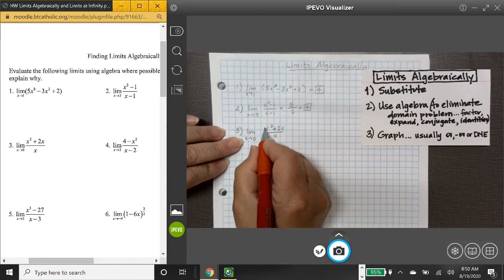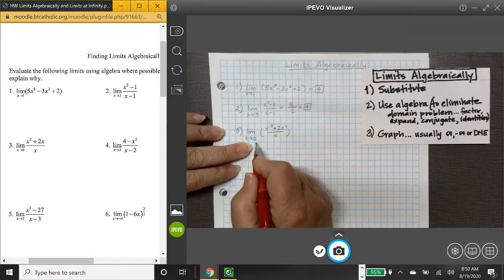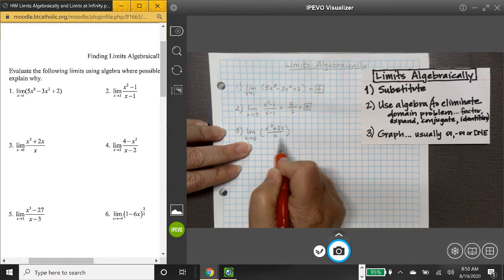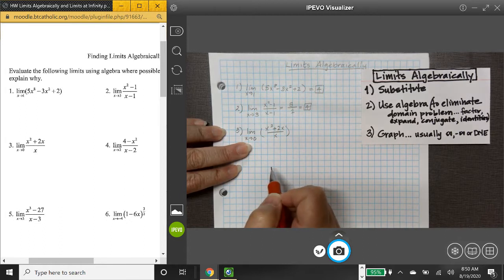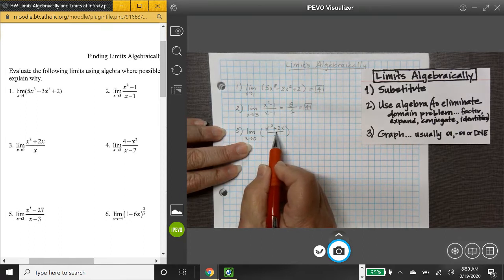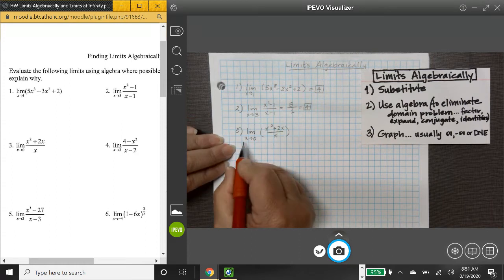Okay, number 3, the limit as x approaches 0 of x squared plus 2x over x. As x approaches 0, can I plug a 0 in here? No, so substitution doesn't work, so I've got to use some algebra somehow to eliminate my domain problem. And in this case, I notice right away I can factor an x out of the numerator.